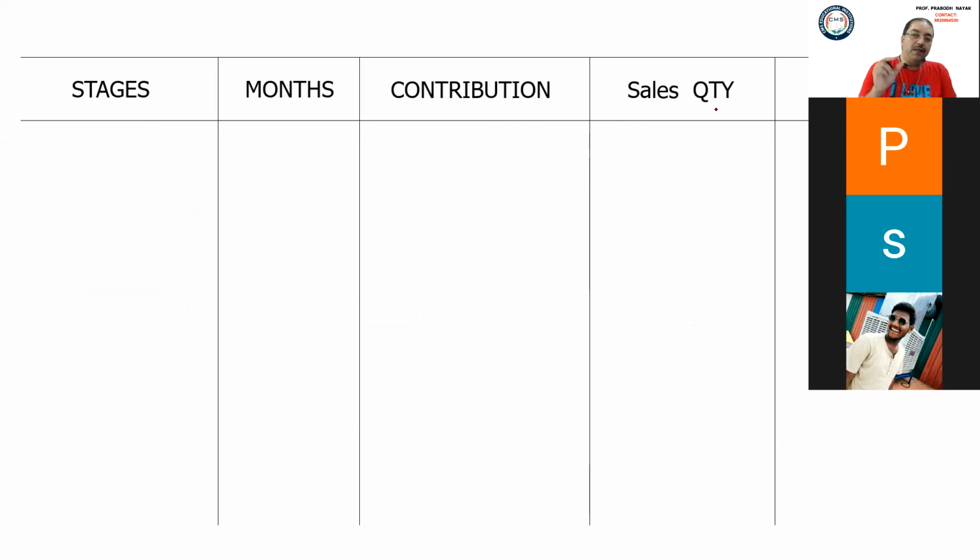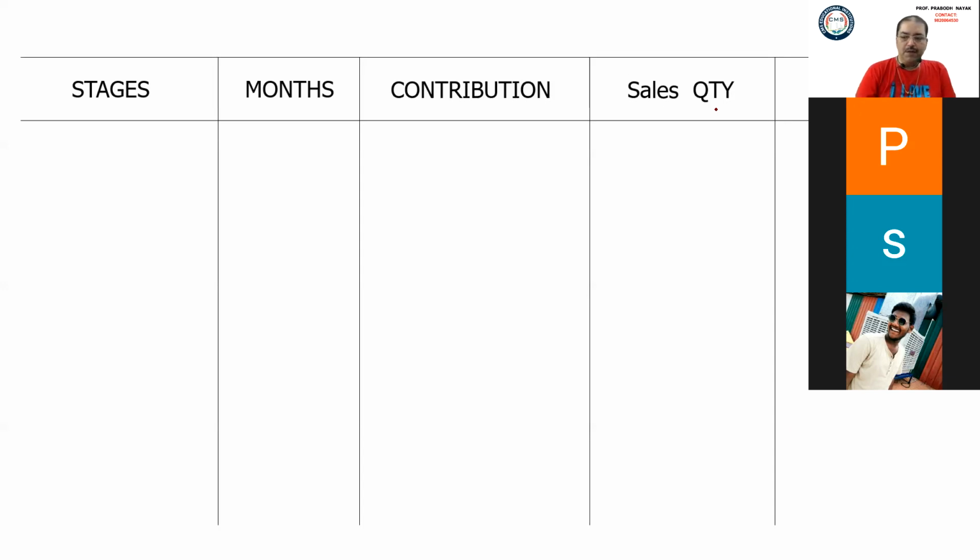Contribution, you will be writing the stage-wise contribution totals that you have calculated up till now. Sales quantity you will write, and then the sales value, the total amount of sales.